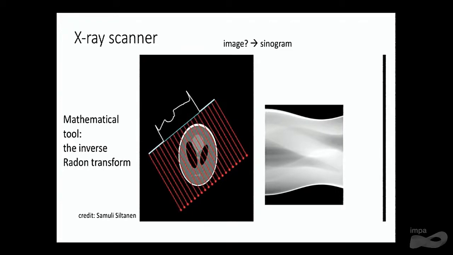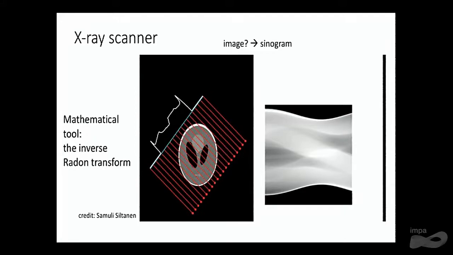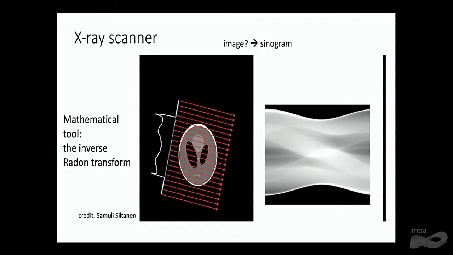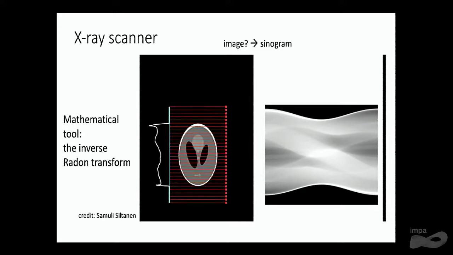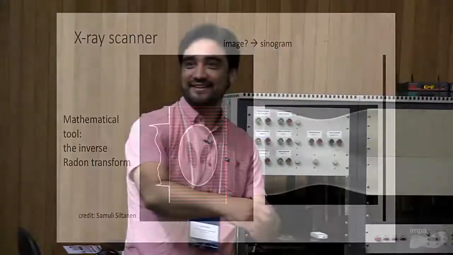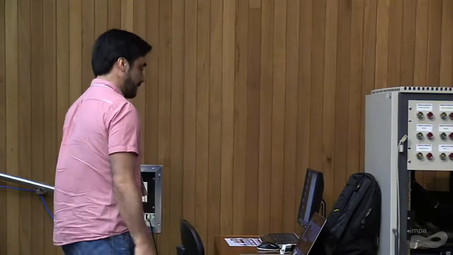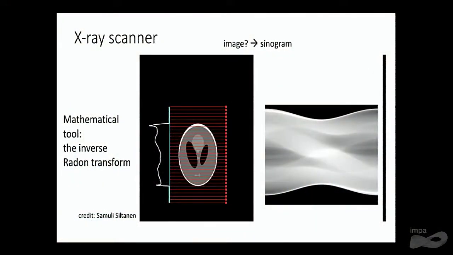This sinogram is the measurements you have, and the main idea is to recover the image from this sinogram. The main tool is the inverse Radon transform, and we are celebrating 100 years since this achievement in 1917.